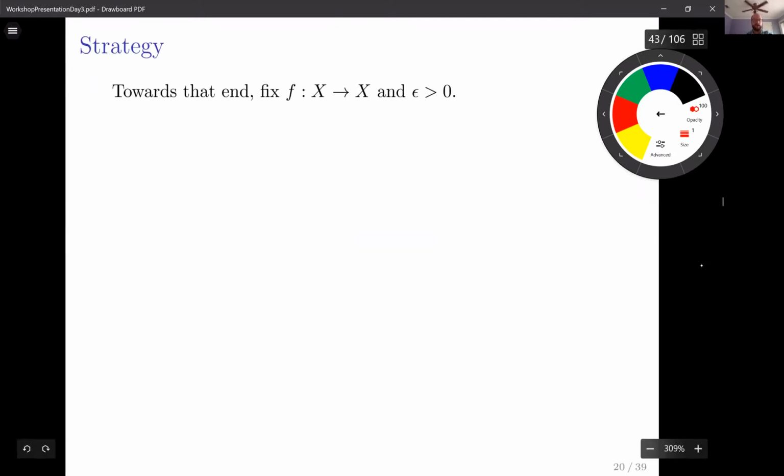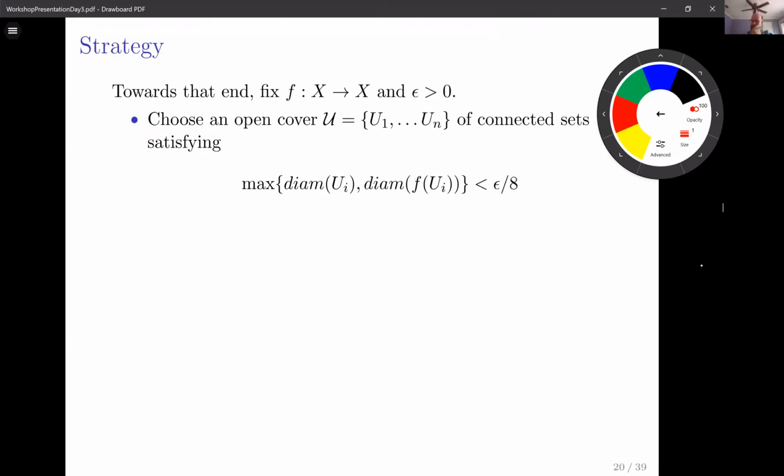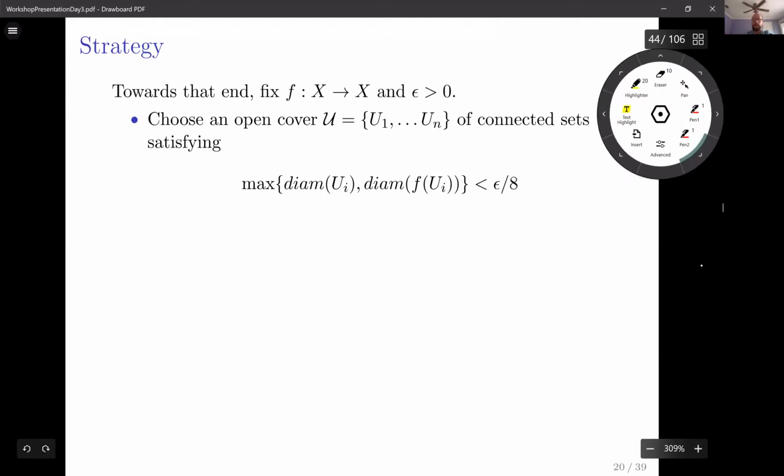All right, so towards that end, let's fix an F from D to D, and fix a positive number epsilon. What we're going to do is appeal to the existence of certain relatively nice coverings to get us where we need to go. We're going to choose an open cover of D by connected sets such that the diameter of each set is less than epsilon over 8, and the diameter of the image of each set is less than epsilon over 8.